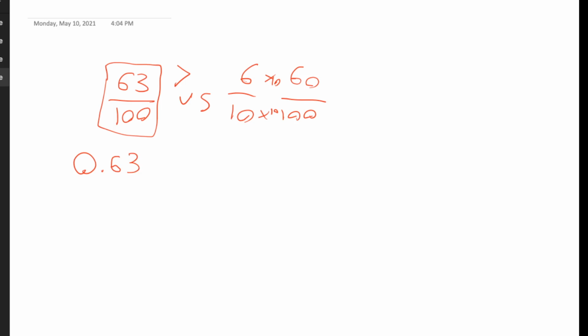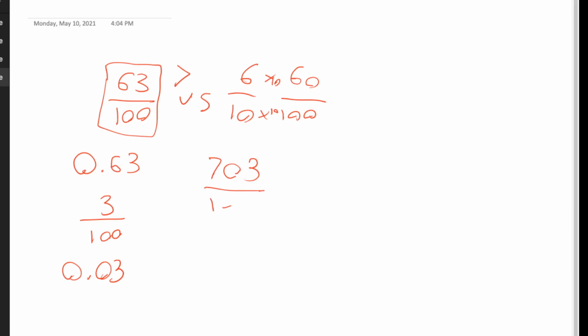If you have only, let's just say, 3 out of 100, you're going to put 0.03, right? As you get tens in this one, you're going to put them in there. The same thing applies for thousandths, right? So if you have, let's just say 703 thousandths, you're going to go 0 point, and then you're going to kind of add in this.